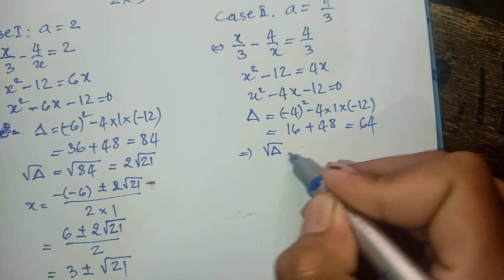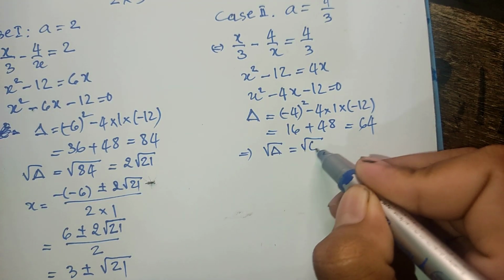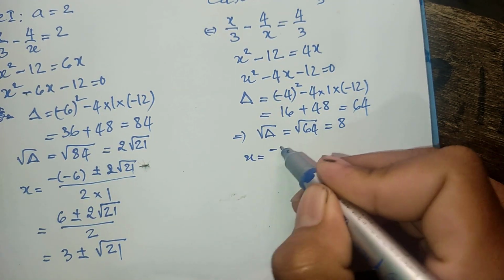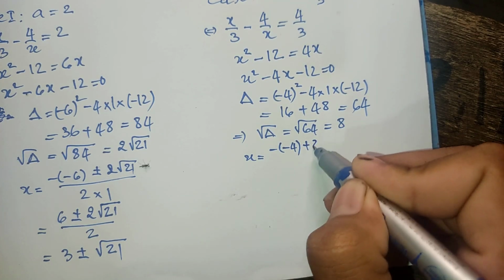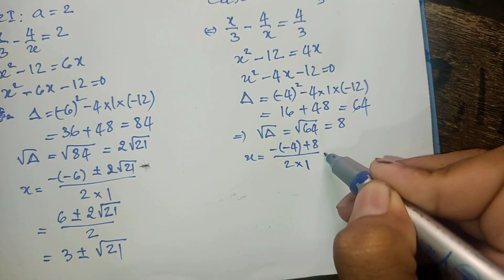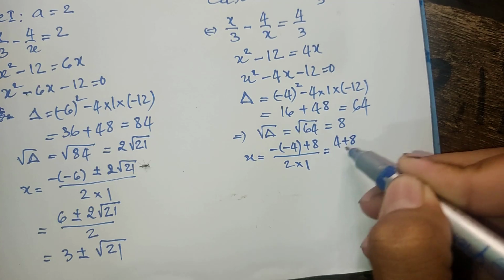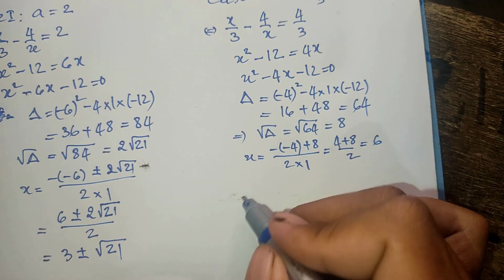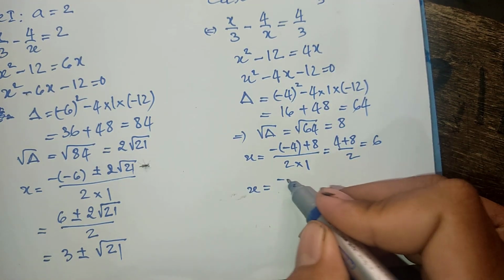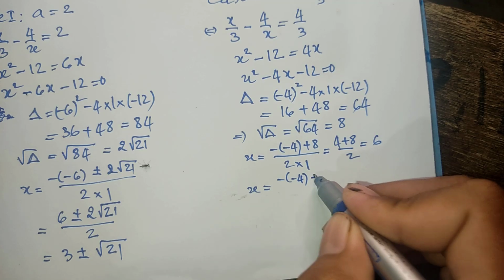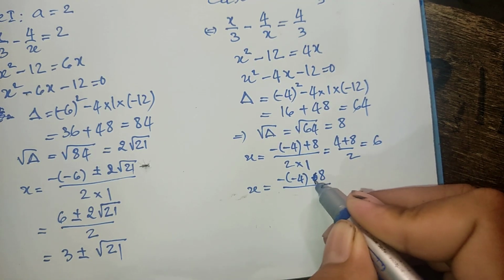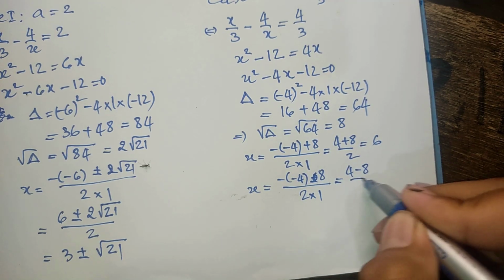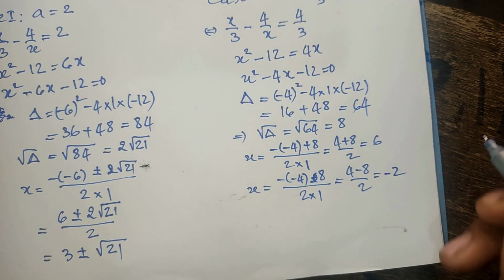The square root of the discriminant is the square root of 64, which equals 8. So x equals (4 plus 8) divided by 2, which equals 6, and x equals (4 minus 8) divided by 2, which equals minus 2.